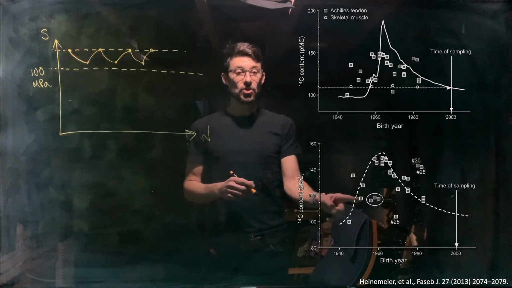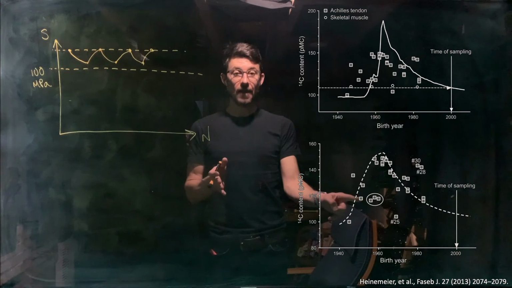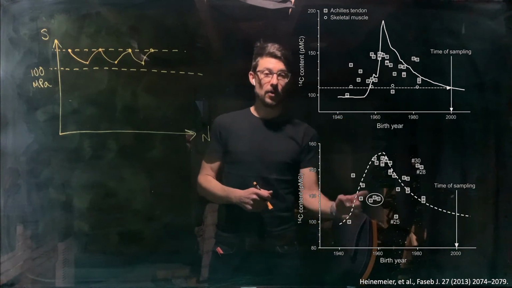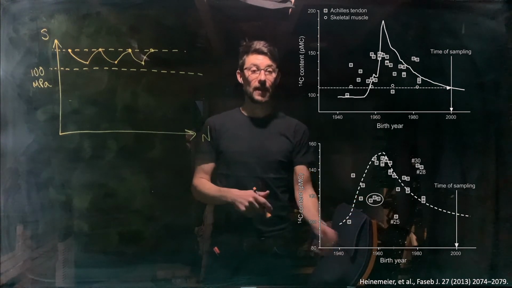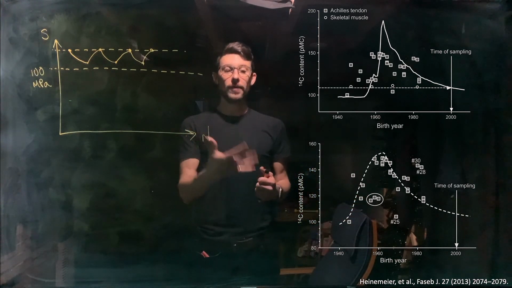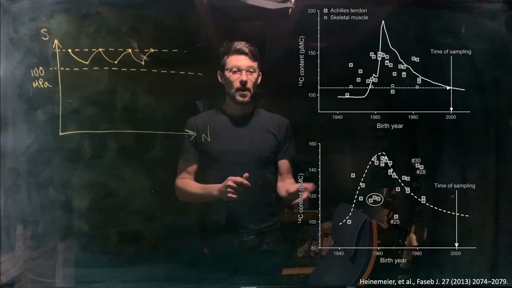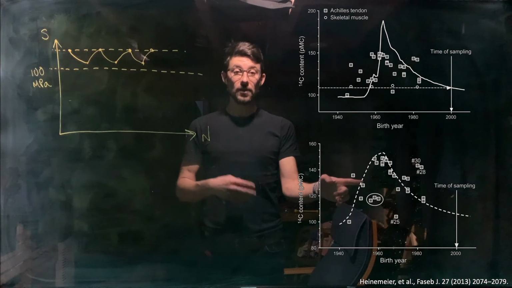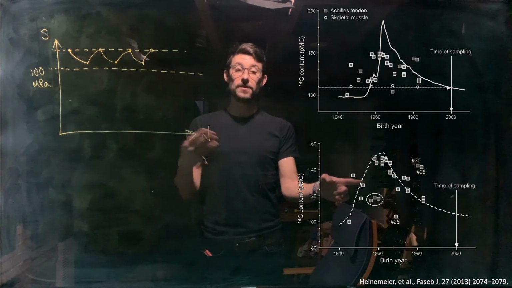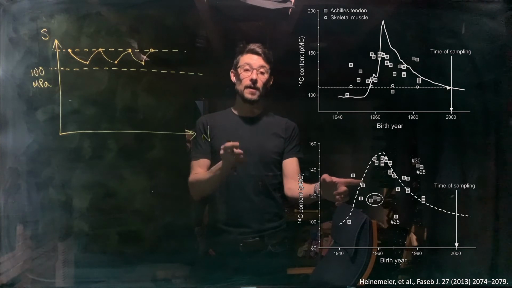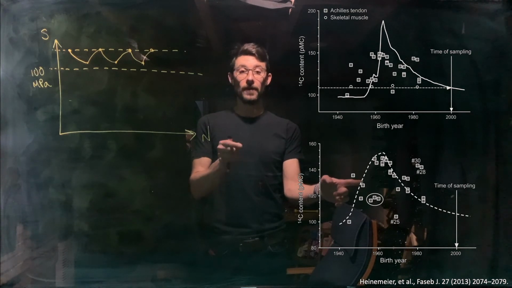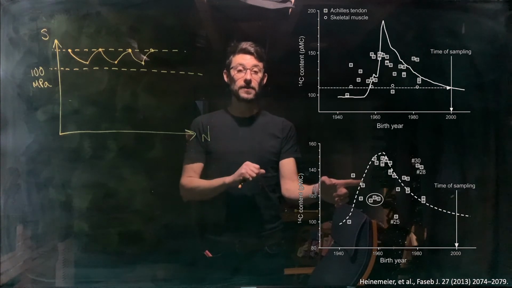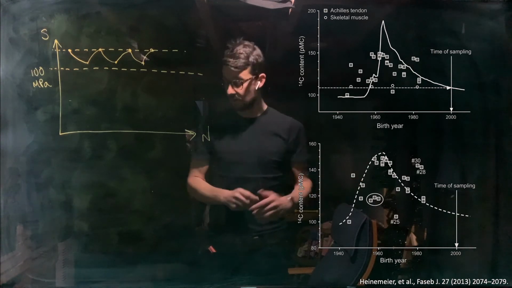Each point on the line is the average of the 17 years following that time on the x-axis. So this indicates that the collagen incorporated into your Achilles tendon during the growth period, the first 17 years of your life, stays with you for the rest of your life and isn't turned over.